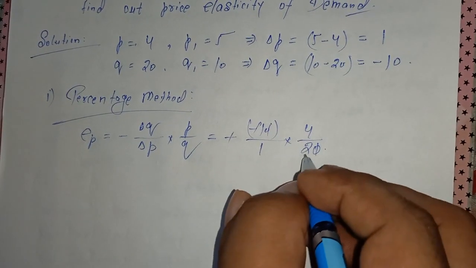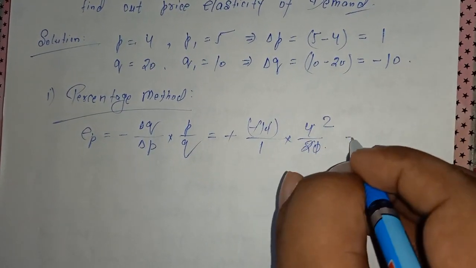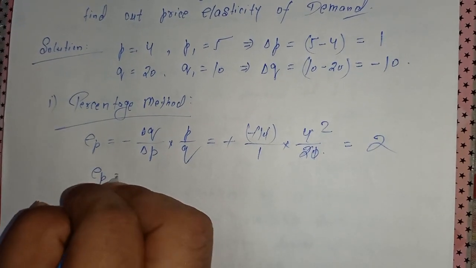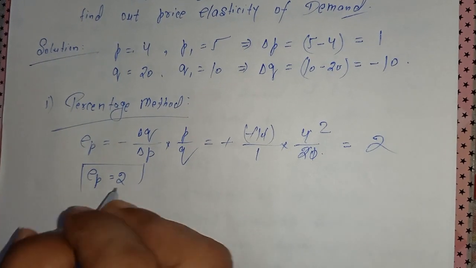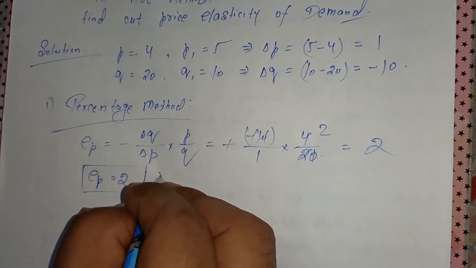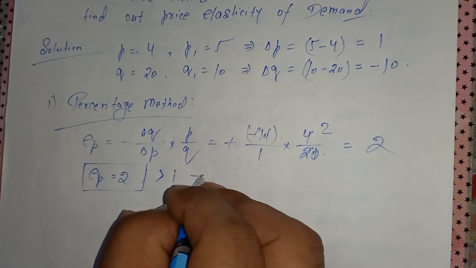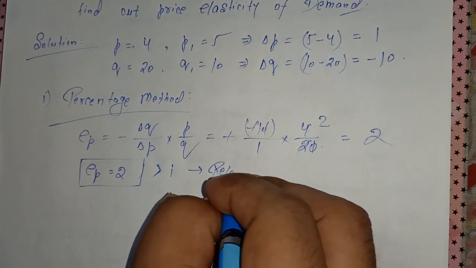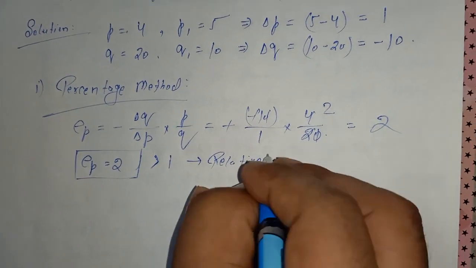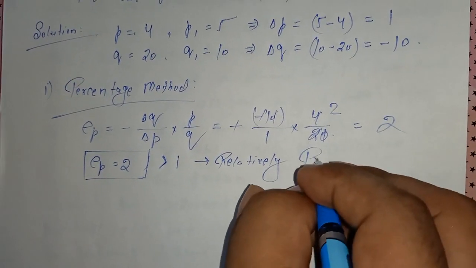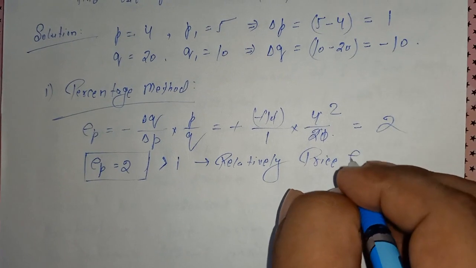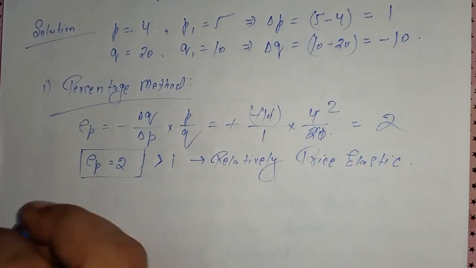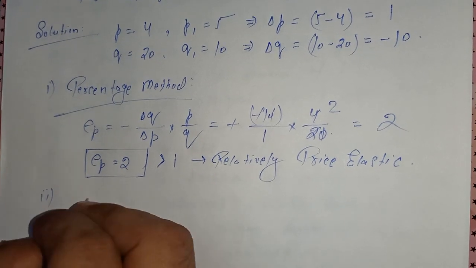Zero cancels, 2 into 2 is 4, that is equal to 2. The EP is equal to 2 from this method. This is more than 1, so it will be relatively price elastic demand. Clear?